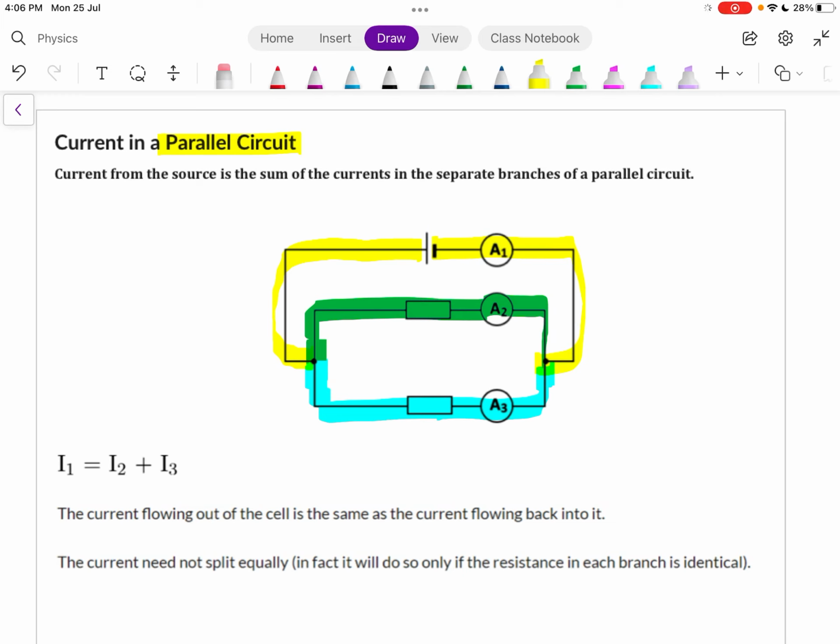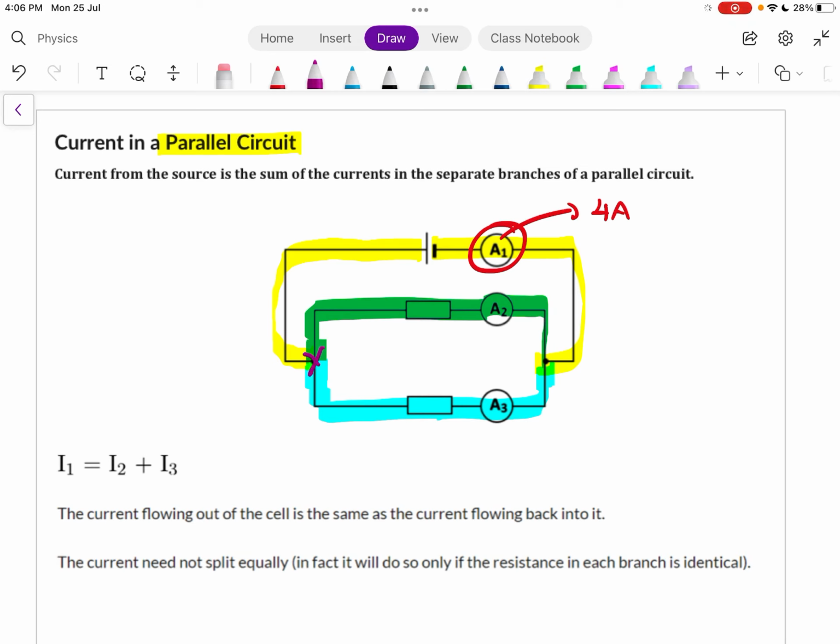So how do we calculate the current in a parallel circuit? For example, let's say I have a total current of 4 ampere. So this A1 measures a total current of 4 ampere. The 4 ampere is going to flow in the yellow region, and when you reach this junction right here, the current will split.